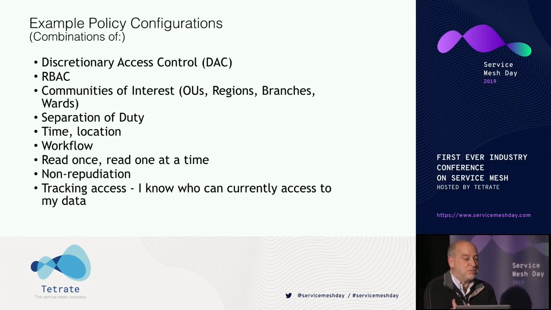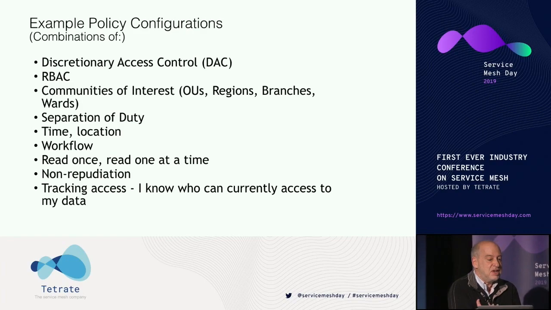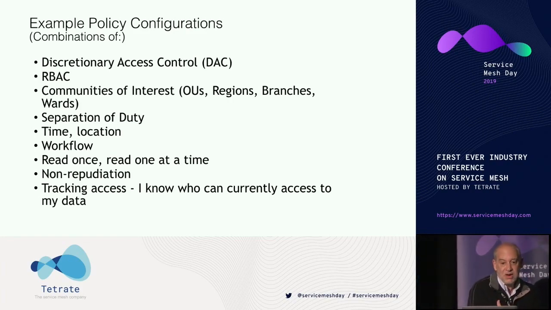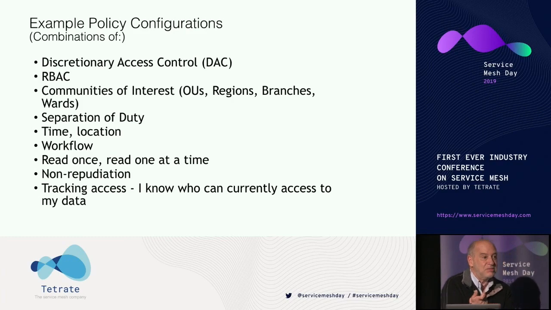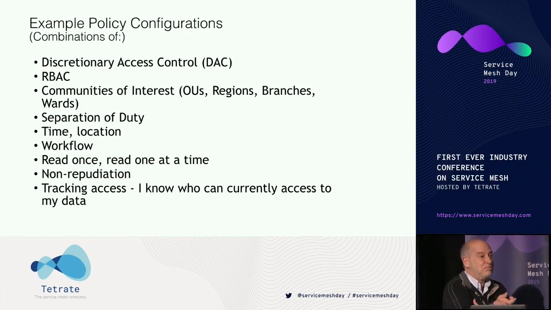We can address communities of interest, separation of duty, history-based separation of duty, access based on time and location. We can do workflow. We could do read once, where once you read it, it disappears and you can't read it again. One person at a time can read an object, just like you can give away a book. Once you give away the book, you don't have access to that book.